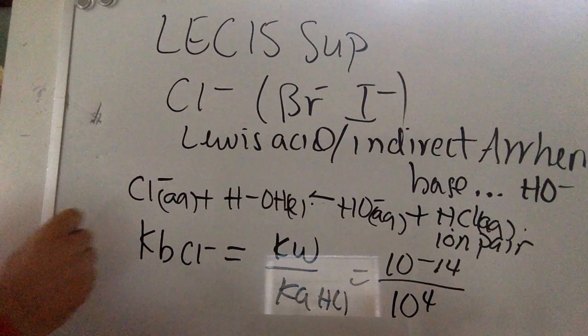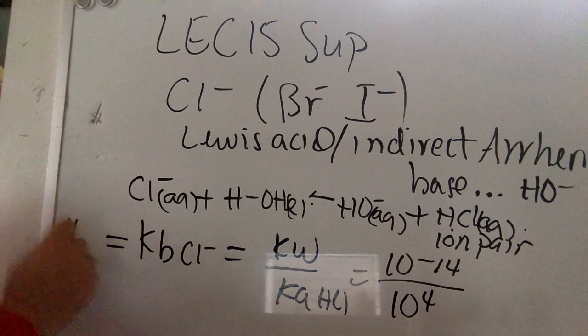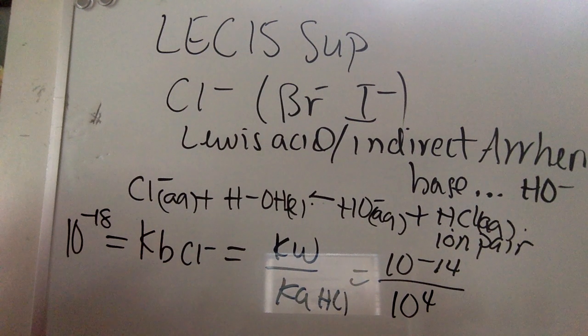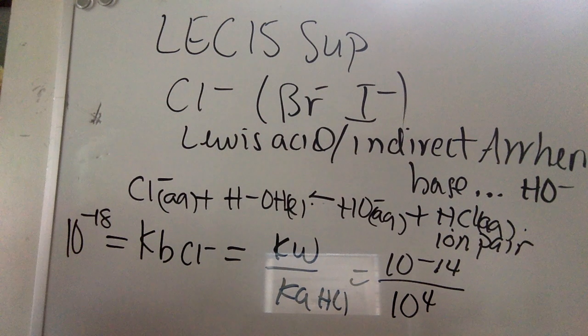This suggests that the Kb for chloride ion as a base is 10 to the minus 18, which in comparison to water, chloride ion is now considered a weaker base than water itself. Kind of fits our model. So we got two suggestions there.